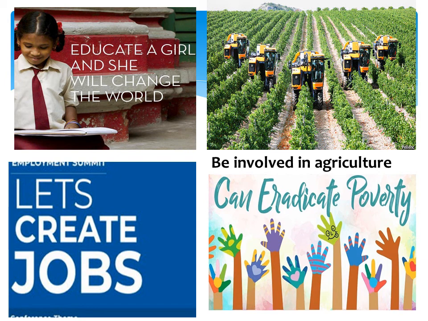Number 3, people should expand economic opportunities. More people should be involved in agriculture. Number 4, the government should create more jobs for the unemployed people. 5, unemployed people should create jobs for themselves.